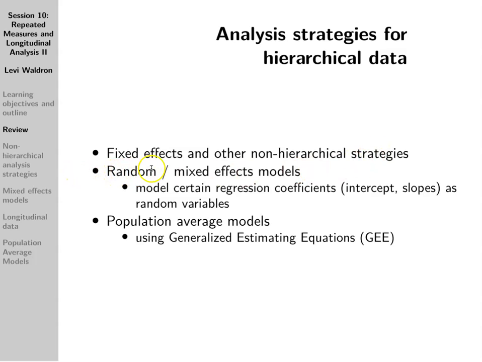The second is random or mixed effects models, where the model contains certain coefficients such as intercepts or slopes that are random variables instead of fixed variables, meaning that we assume that the population has one fixed value for them, as we have done up until now. And then finally, population average models, or you may see them referred to by a method used for fitting them, generalized estimating equations. You might also hear them referred to as marginal models.